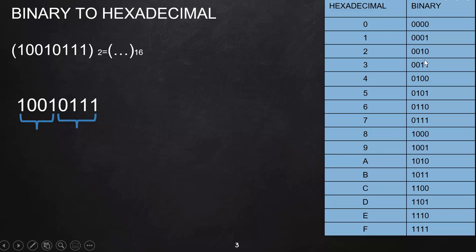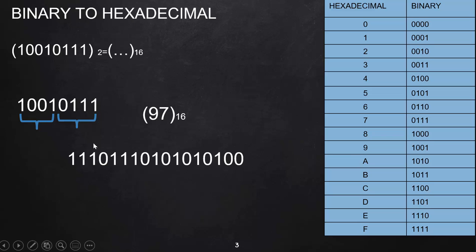So using this table, we can identify the hexadecimal equivalent of these group values. For this 1001, 1001 is 9. And 0111 is 7. So this is the hexadecimal equivalent of this given binary number. Right? Consider one more example.